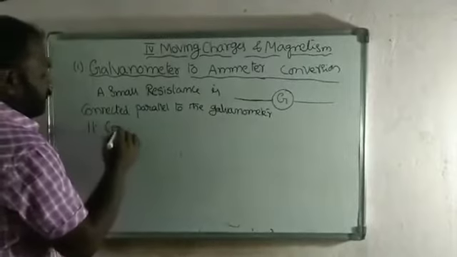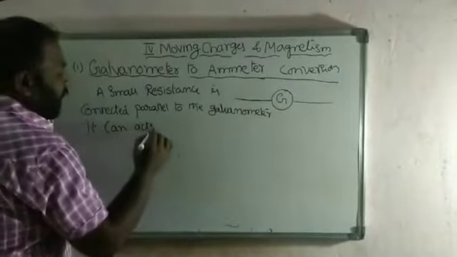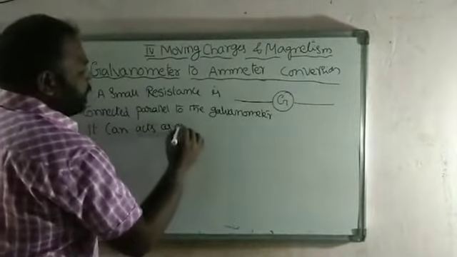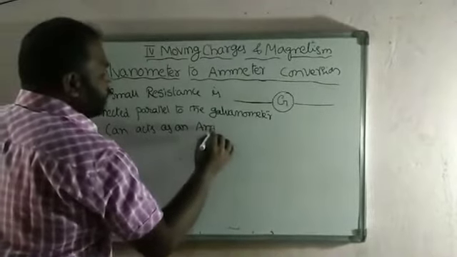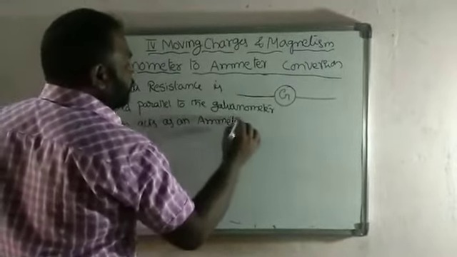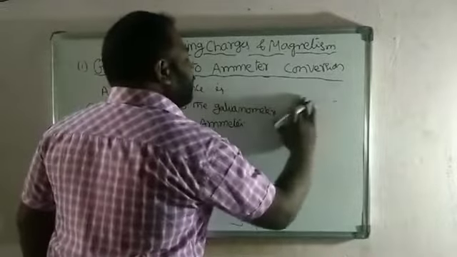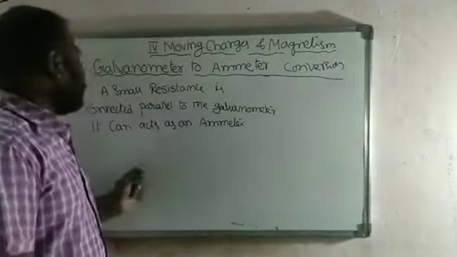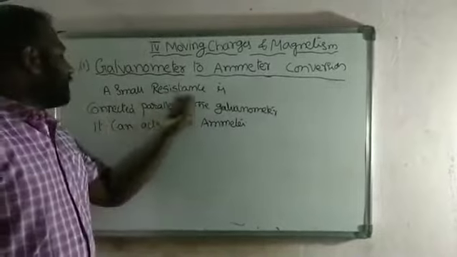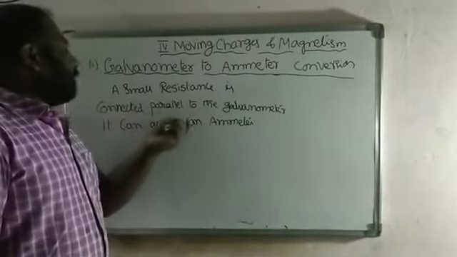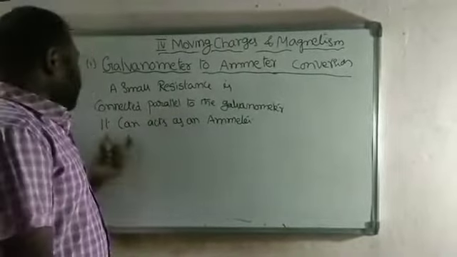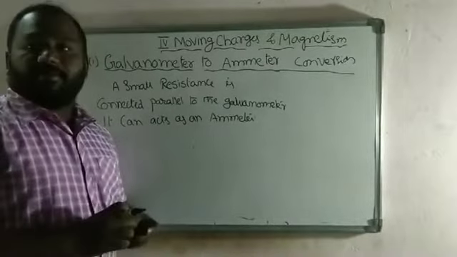It can act as an ammeter. Okay, here is how a galvanometer is converted into an ammeter. A small resistance is connected parallel to the galvanometer, and it can act as an ammeter.